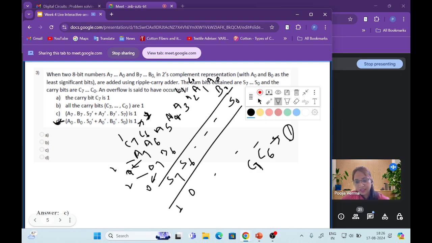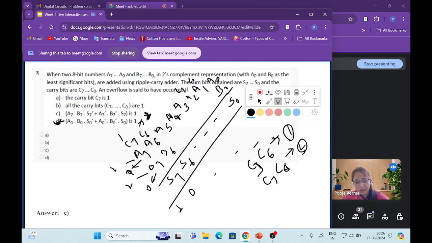So if A7 and B7 are 0 and C6 has a carry, C6 can be 1. What will be the condition? That means C7 dash C6, only, because C6 is 1 and C7 is 0. This is equation number 2.